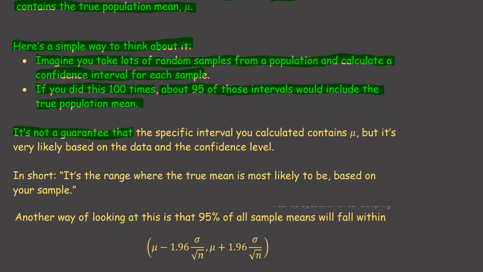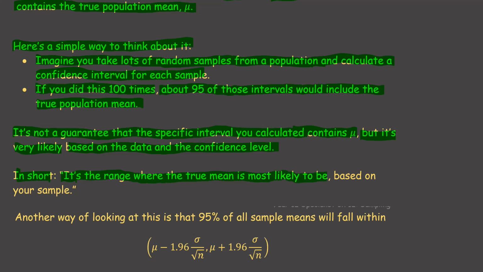It's not a guarantee that the specific interval you calculated contains mu, but it's very likely, 95% likely in the case of a 95% confidence interval, based on the data and the confidence level. In short, it's the range where the true mean is most likely to be based on your sample.